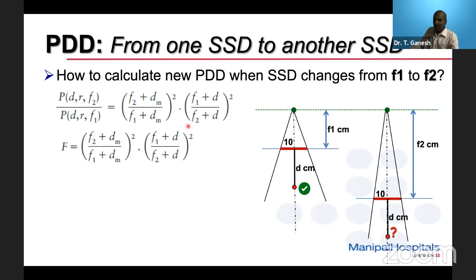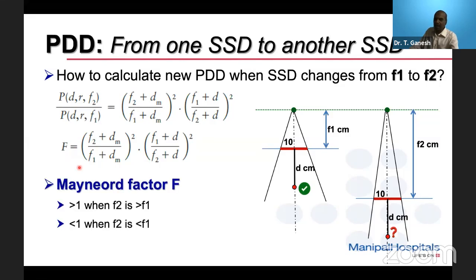And this factor is denoted as the F factor, or simply called the Mayneord factor. If you look at this equation, you can easily say that when F2 is larger than F1, then F will also be larger than 1. But when F2 is smaller than F1, then according to this equation, F will be smaller than 1. Fine. So this again you have to remember.